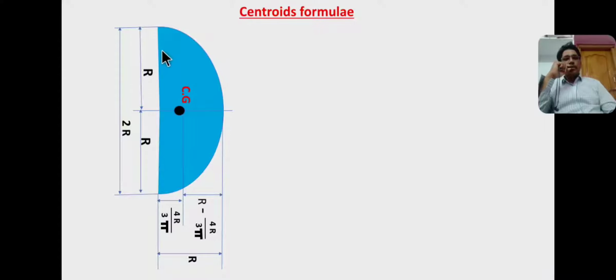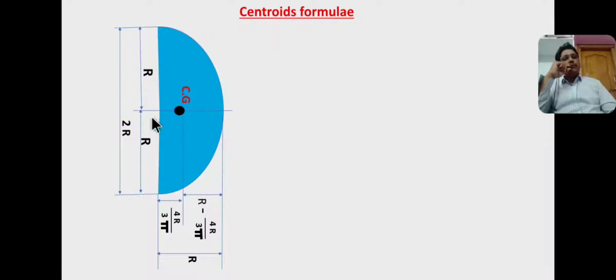This is a straight line called base. From base to centroid the distance is 4r by 3 pi, and from curved surface to centroid the distance is r minus 4r by 3 pi.